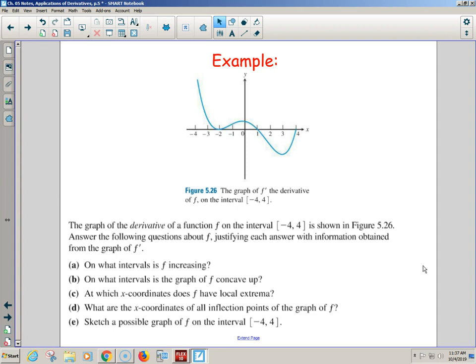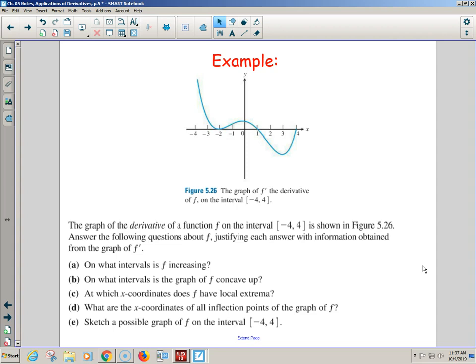So it's increasing from -2, open bracket, to 0. What is the concept of f concave up? I was thinking 0, open bracket, and 3, open bracket, to 4, close.